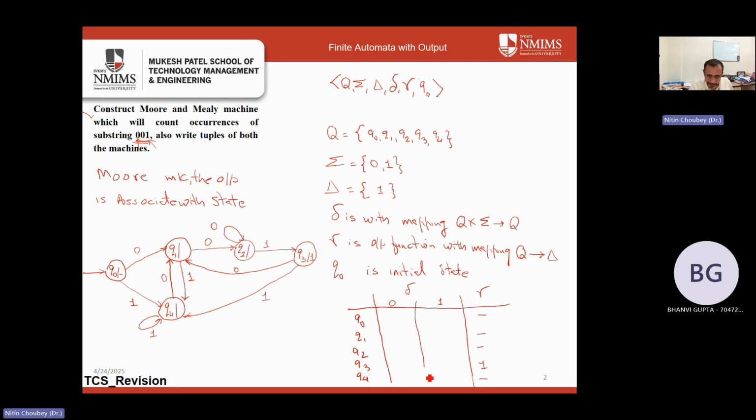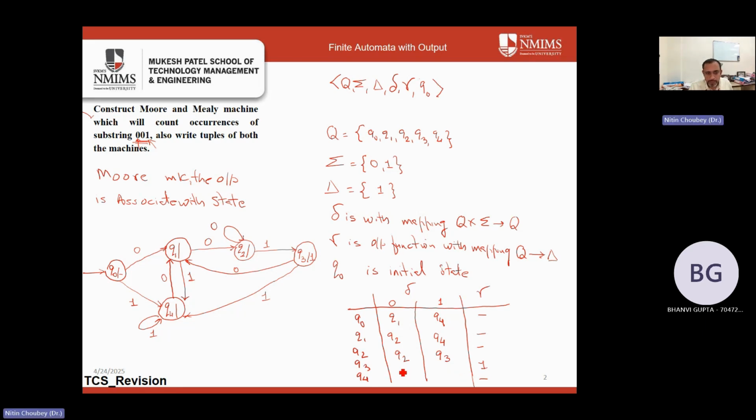Now Q0 on the input of 0, we are going to Q1. Q0 on the input of 1 is Q4. Q1 on the input of 0 is Q2, on the input of 1, Q4. Q2 on the input of 0, we have Q2. On the input of 1, we have Q3, where this Q3 is generating output as a 1.